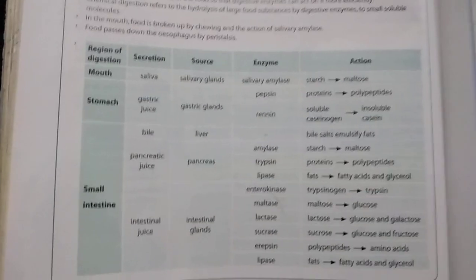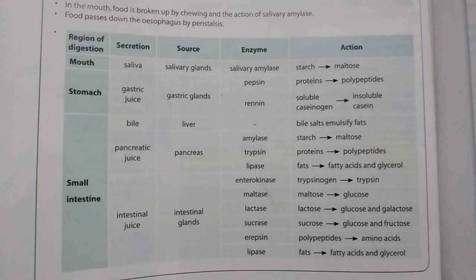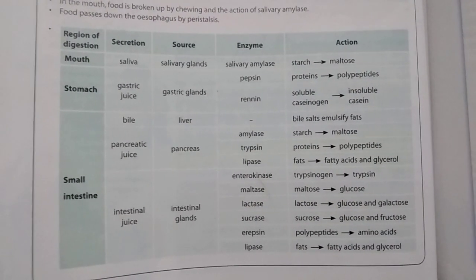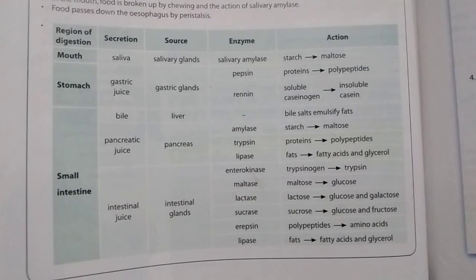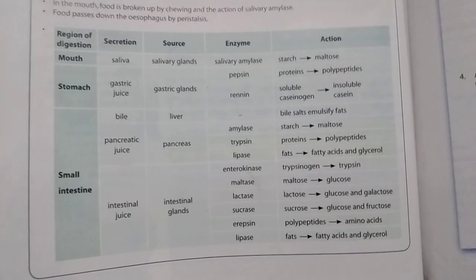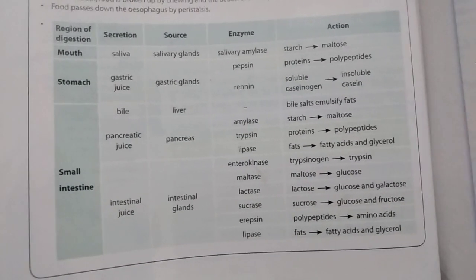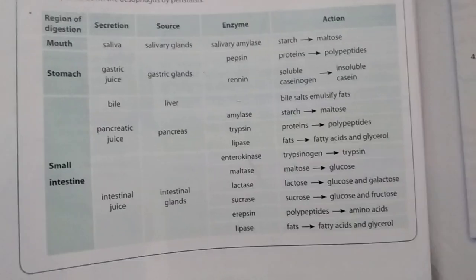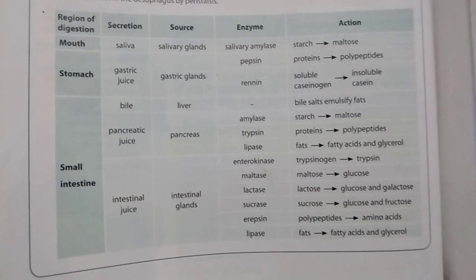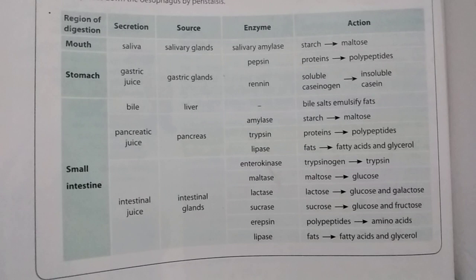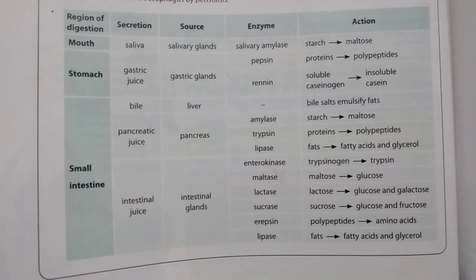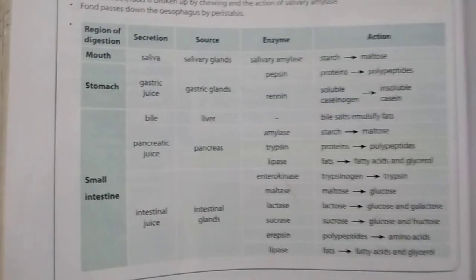Look at this whole chart and try to understand the whole process of digestion: region of digestion, secretion, source, enzymes and action. Which enzymes convert the different sugars into their products?